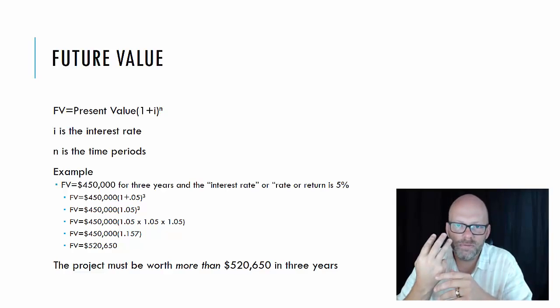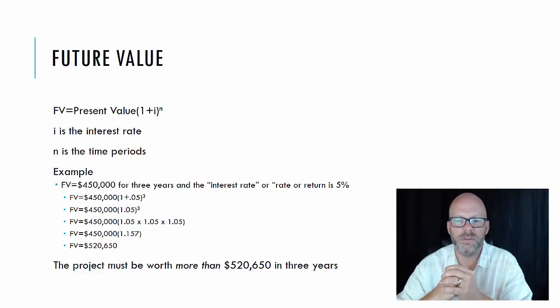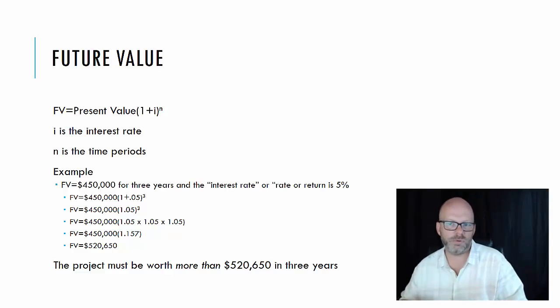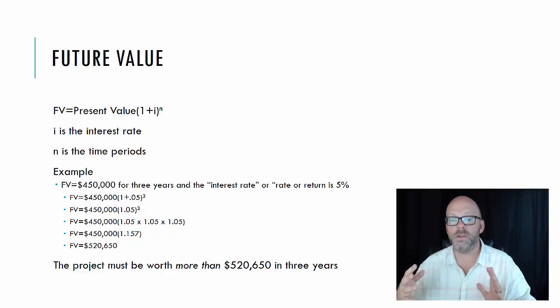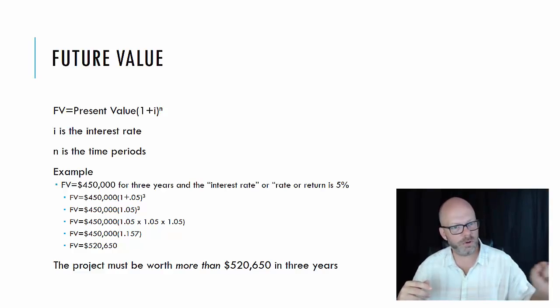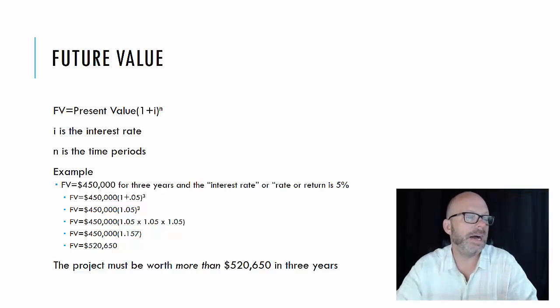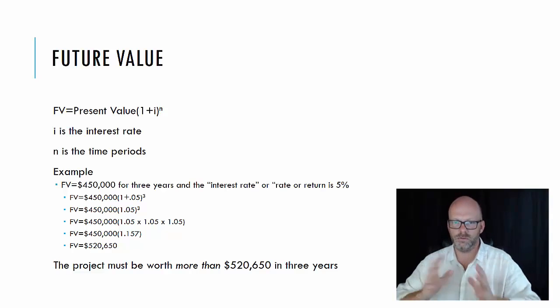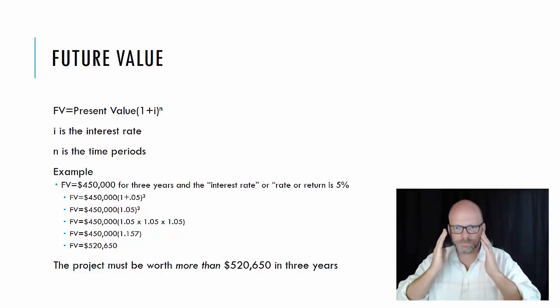So it's the power of 3, not times 3. So 450,000 times 1.05 times 1.05 times 1.05, and that would be 1.157. So if we multiply that out, 450K times 1.157 is $520,650.